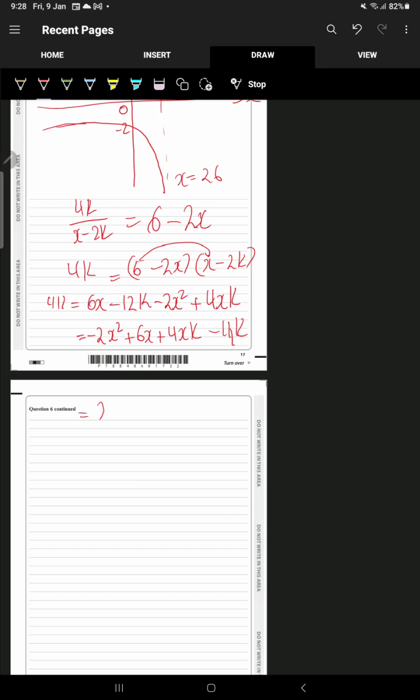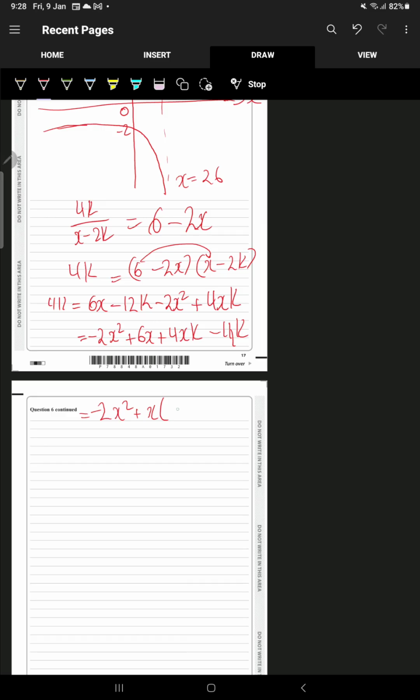Now we have to factorize the x, for the b part, the b of the quadratic equation. So this is going to be 6 plus 4k, and minus 4k, also minus 12.